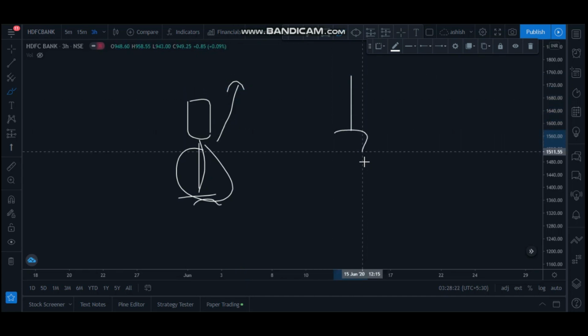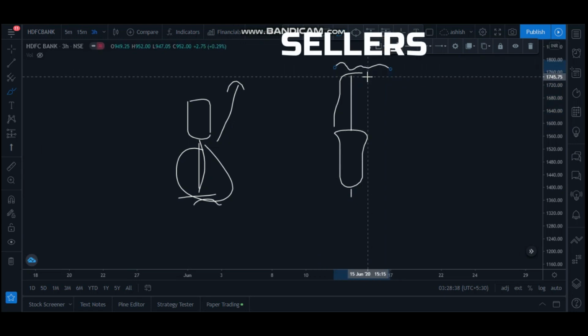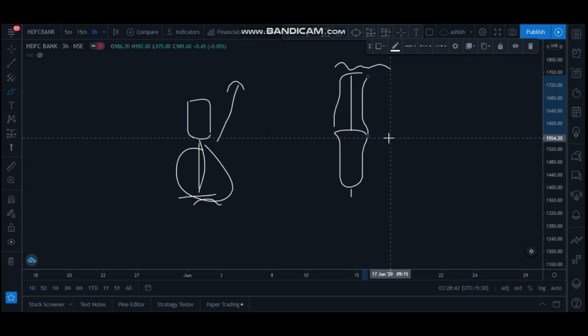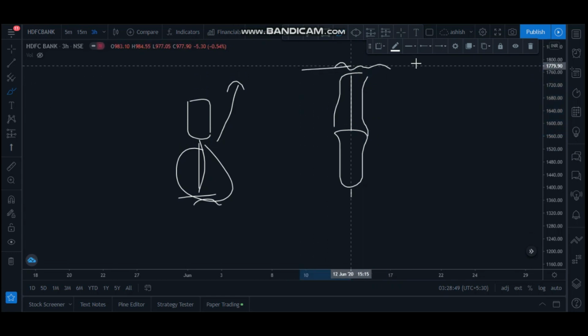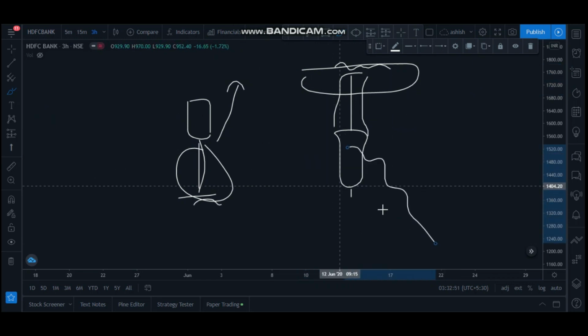This is the wick, this is the body, and here again a small wick, because let's be realistic, the market always makes candles this way. Price again went to this area, but sellers were present here and they took the price down again. That means they did not accept the price around this area. Now the market will start moving lower from this direction.